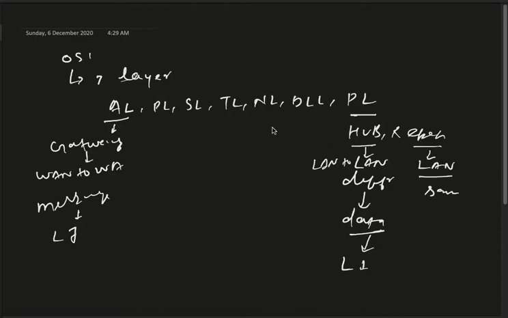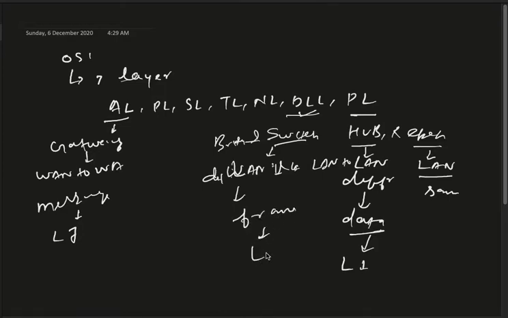This is the whole process. This is the data link layer. So it uses a switch and bridge. The switch connects LAN and LAN, but differently. This is the frame.